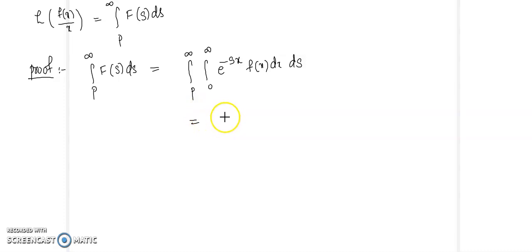So when I change the order of integration, we will get the integral from 0 to infinity. So the second integral will be with respect to x, and first the integral with respect to s. So f(x) will come out of that because it is independent of s. So you will have the integral from p to infinity of e raised to minus sx ds dx.